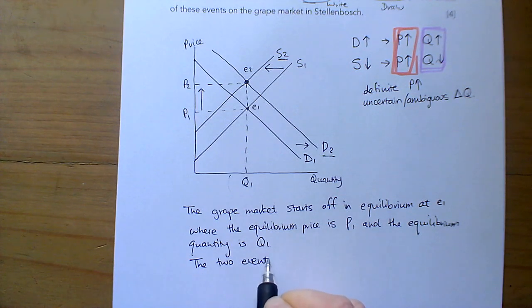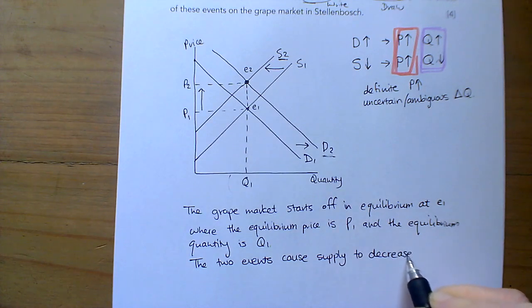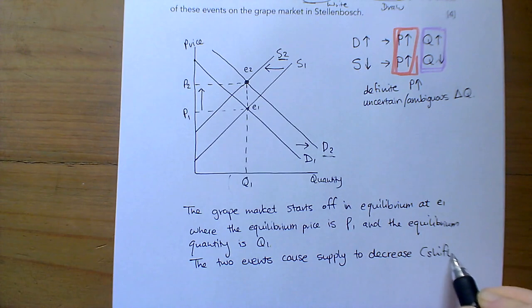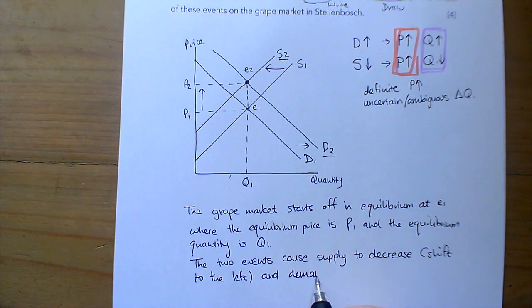The two events cause supply to decrease, so shift to the left, and demand to increase, shift to the right.